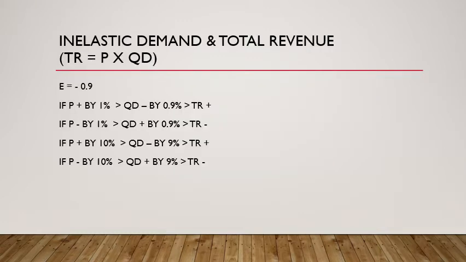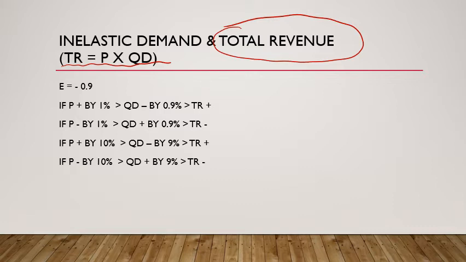And now we get to show the relationship between inelastic demand and total revenue. Again, what is total revenue? Well, here's the equation. Total revenue is equal to price times quantity demanded.